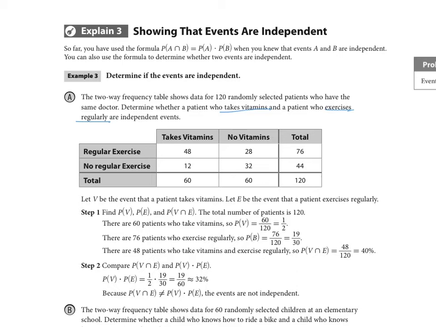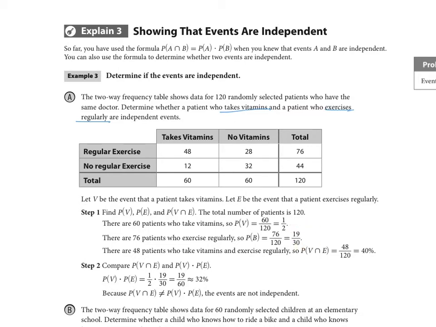There are 60 patients that take vitamins in total. So that's 60 out of the 120 total patients in this study. 60 out of 120 is 1/2. Then we're looking at exercising regularly. That's this row right here, and that is 76 out of 120. We're going to take 76 out of 120 and simplify, not multiply.